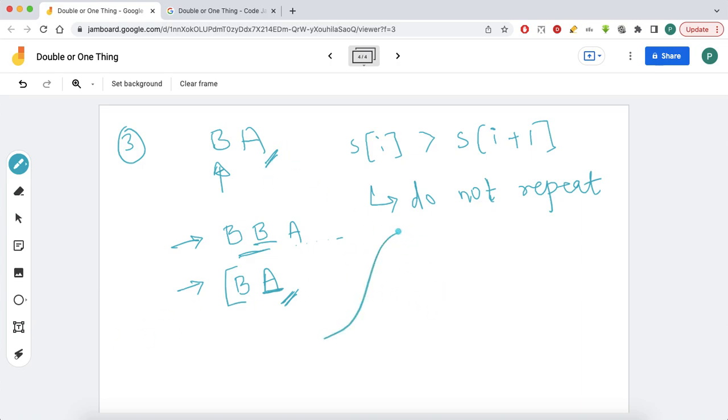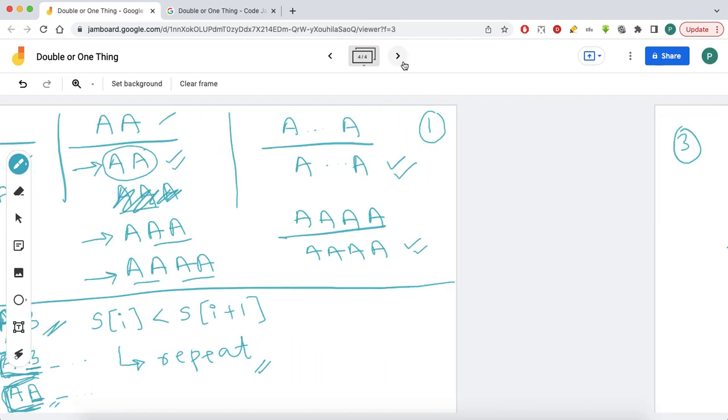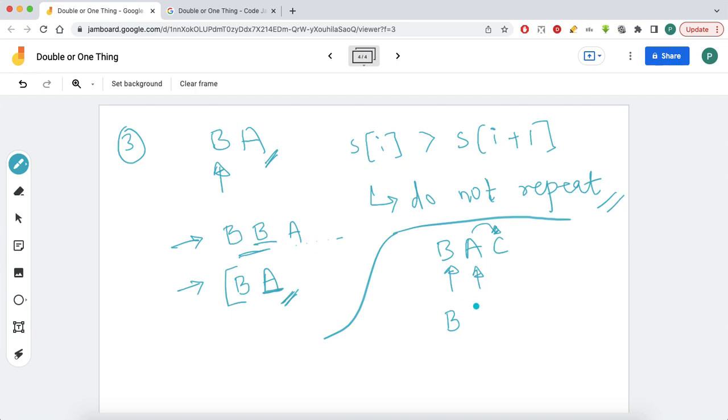Let's say we have the string BAC. We are here, and we see that this character B is greater than A, so we choose to not repeat it according to this observation. So we simply put B itself. Then we are at the next position A, and we see that A is smaller than C. So according to the second observation, if the character is smaller than the next character, then we repeat it. So here we repeat A.